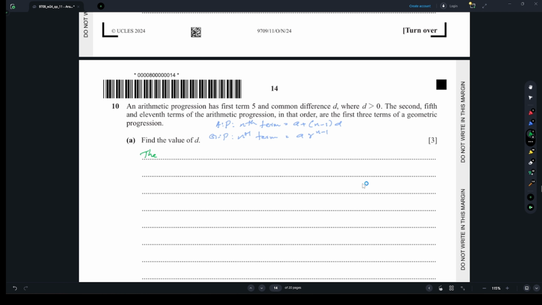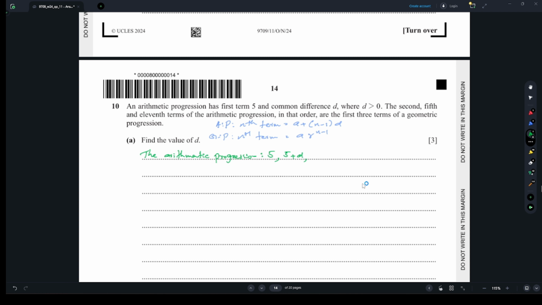So the first term is 5, and the second one is 5 plus d.